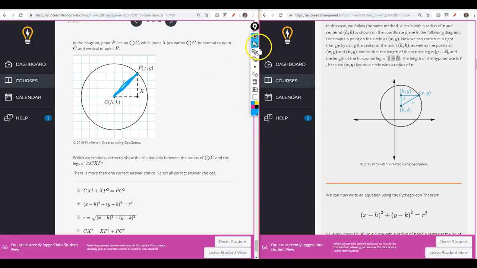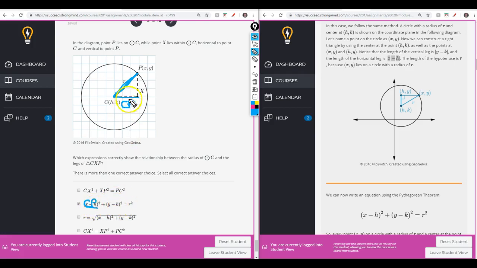If we took it a step back and asked, well, what is x minus h? X minus h is this length of CP. So I could actually say that this x minus h is just the distance of CP being squared.